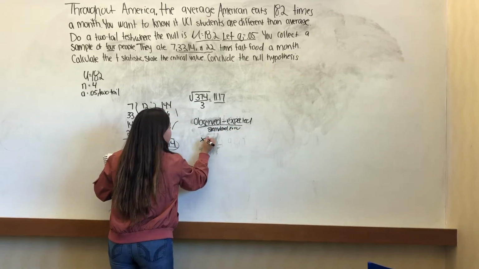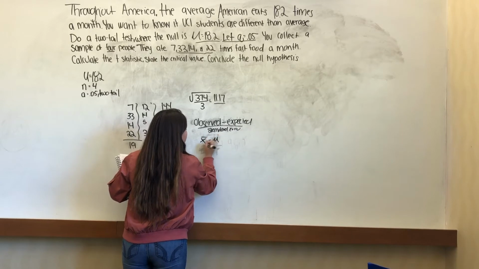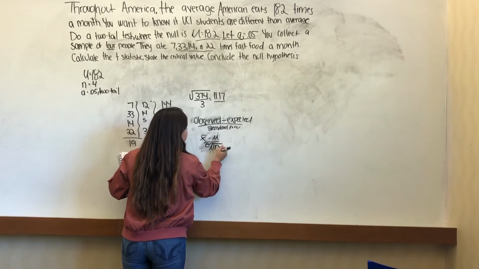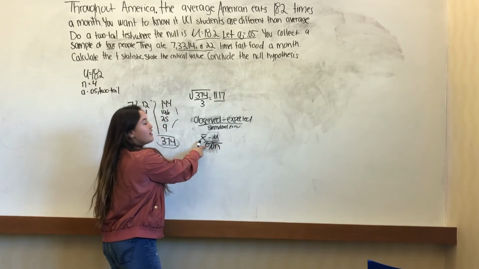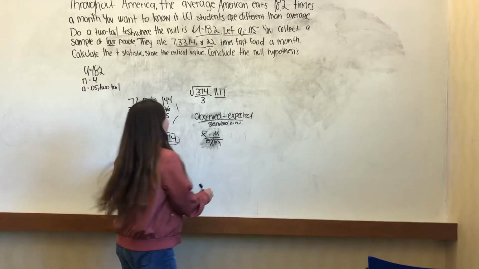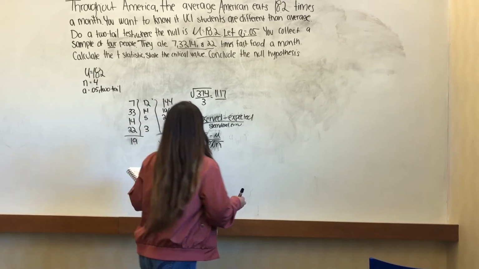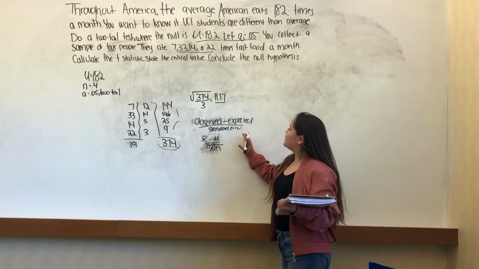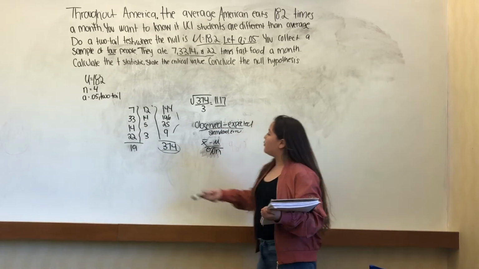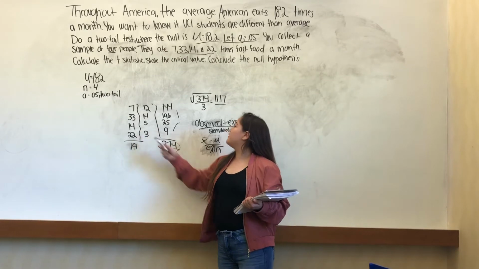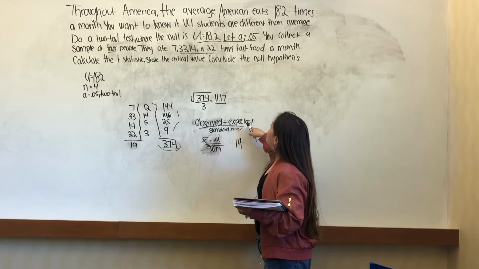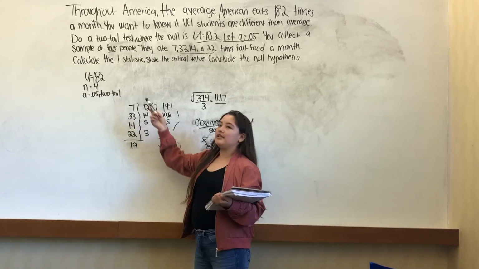It looks like this: x minus mu over sigma divided by the square root of n, where n is the sample size and sigma is the standard deviation. We simply have to input the numbers. The observed in this example will be 19, because 19 is the mean of the sample, and the expected will be the null, which is 18.2.